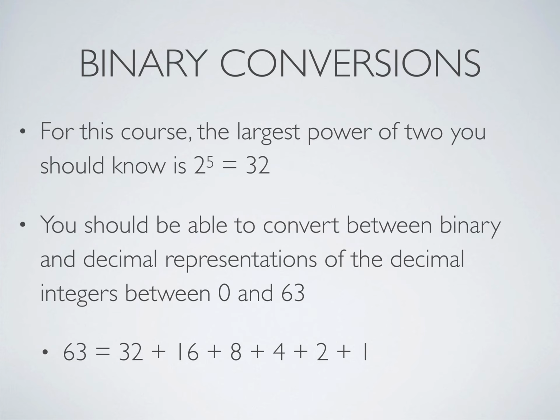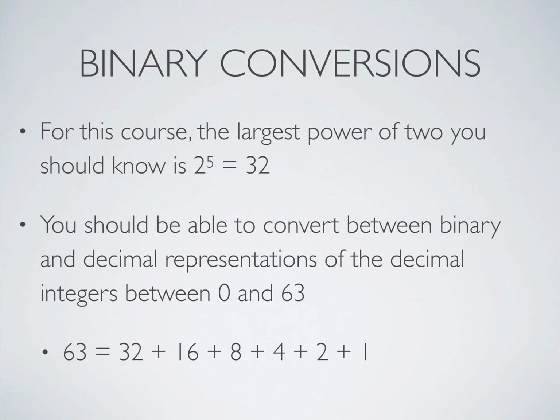What that means is the numbers that you need to be able to convert between binary and decimal are the decimal numbers between 0 and 63. Specifically the integers. Don't worry about floating point numbers. Just worry about integers between 0 and 63 inclusive. Where did I get the 63?